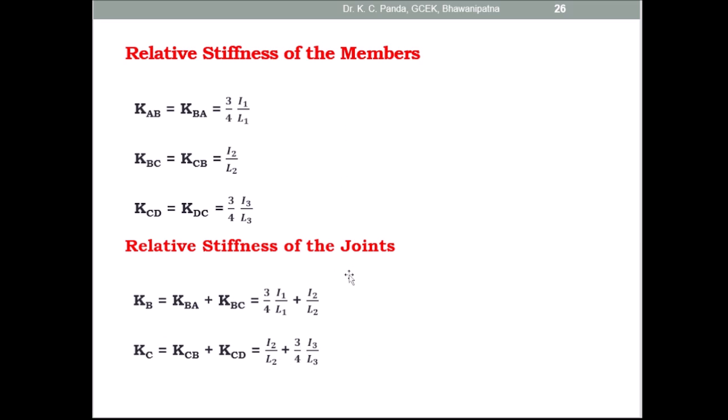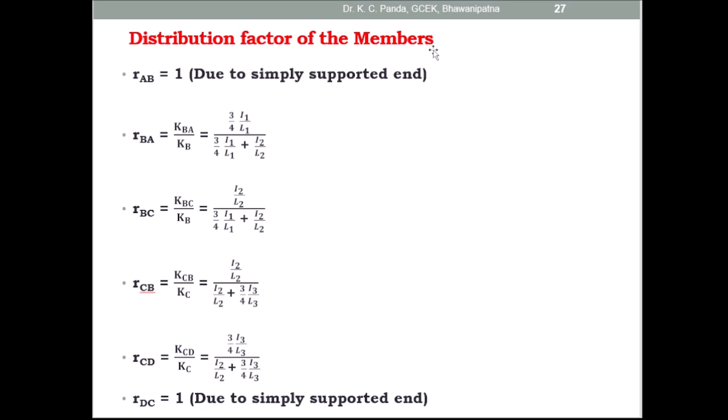Then after knowing the relative stiffness of the joints and the relative stiffness of the members, you can find out the distribution factor of the members. As the end is simply supported, the distribution factor at the end is 1. RAB is equal to 1. Similarly, RDC is equal to 1 due to the simply supported end. And for all other ends of the members, you can find out the distribution factor.